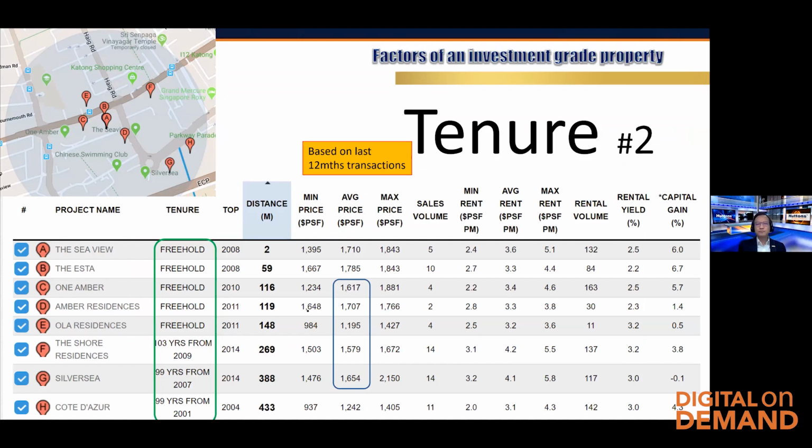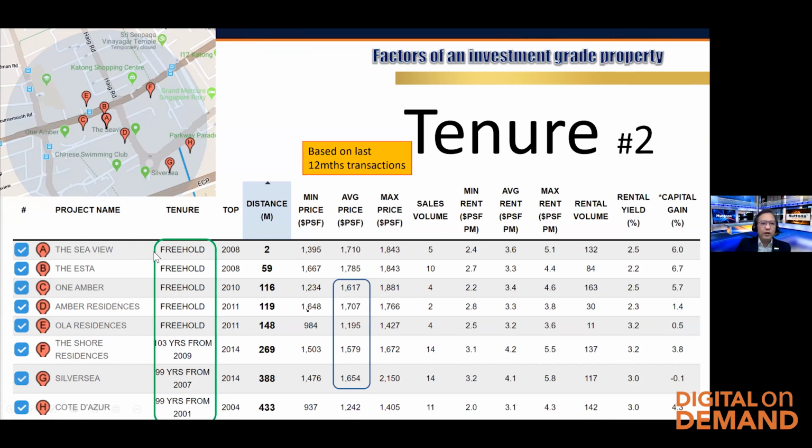Okay, so tenure, I just want to share with you. I pick a location in District 15. If you can see, it is at the sea view over here. If you take a look here, there's a combination of freehold as well as leasehold.